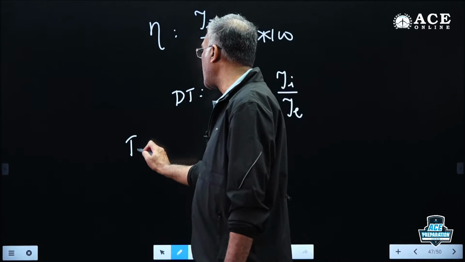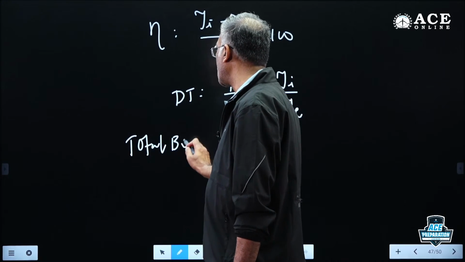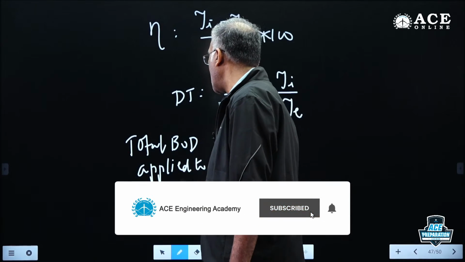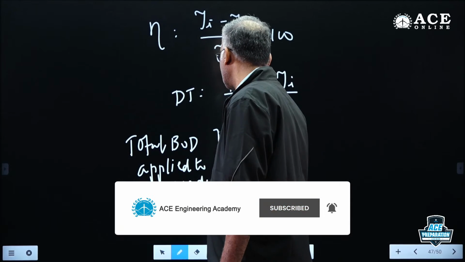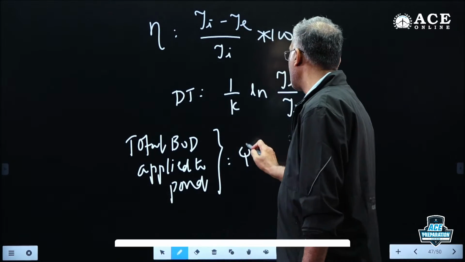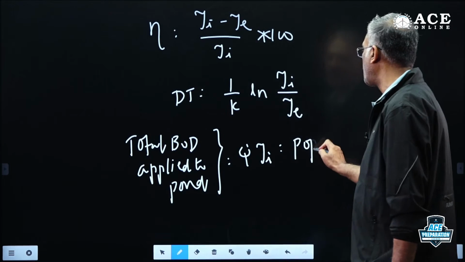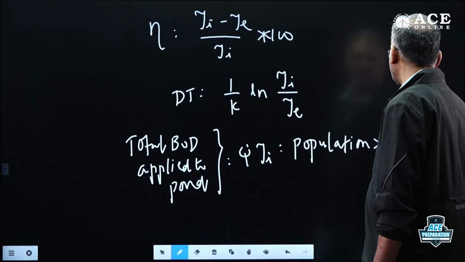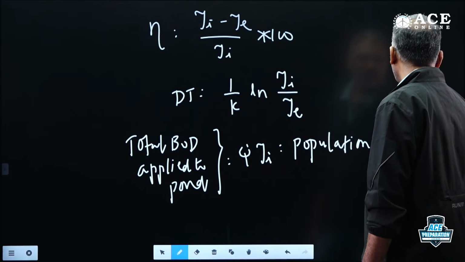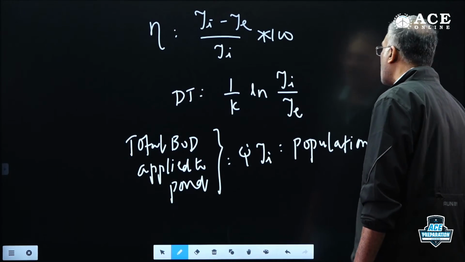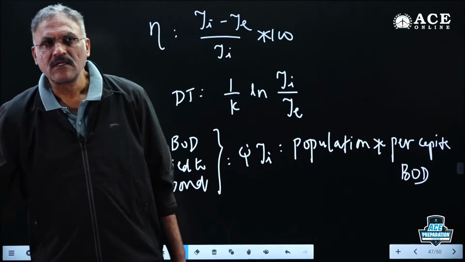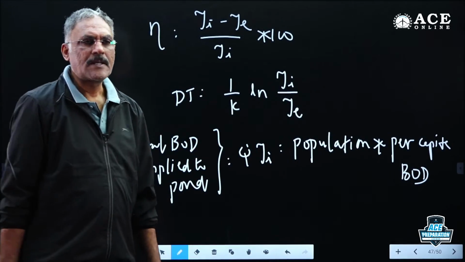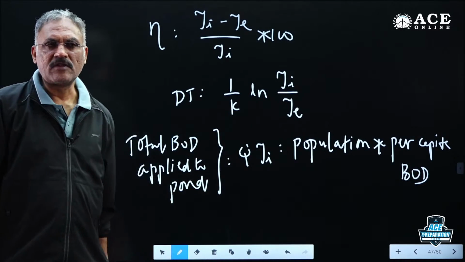The total BOD applied to the pond is equal to Q into Yi, which is also equal to population into per capita BOD. If you have all these points in your mind, any question related to oxidation pond you can comfortably work out.